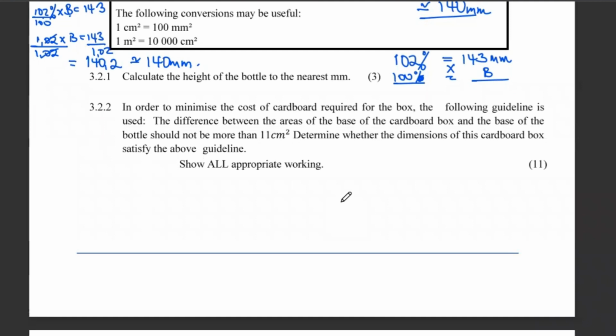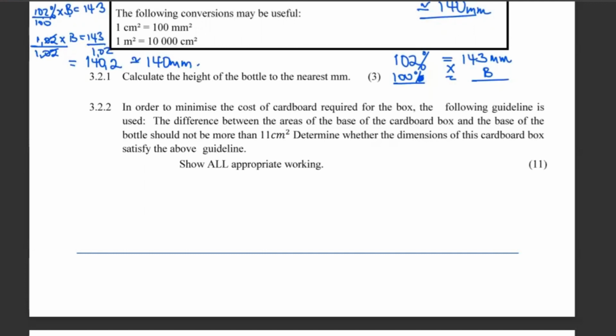In order to minimize the cost of cardboard required for the box, the following guideline is used. The difference between the areas of the base of the cardboard box and the base of the bottle should not be more than 11 centimeters squared. Determine whether the dimensions of the cardboard box satisfy the above guideline.